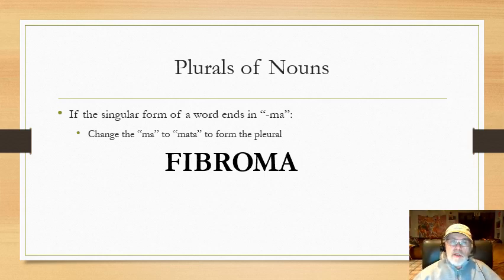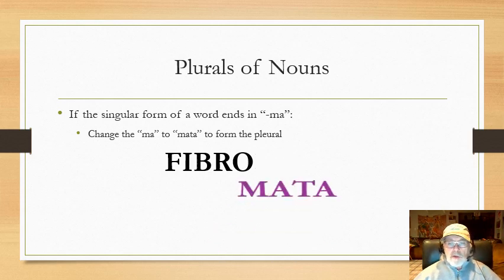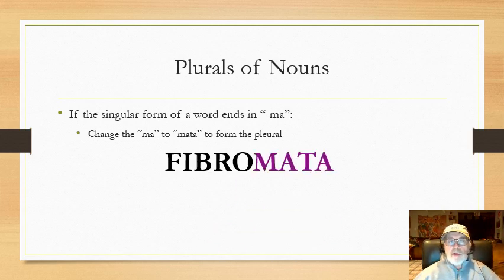That's one of the things we would see with the neurofibroma. But a fibroma would be a single lump, and if we have multiple, it would be called fibromata, more than one. So I've changed fibroma to fibromata. Fibroma is singular, fibromata is plural.